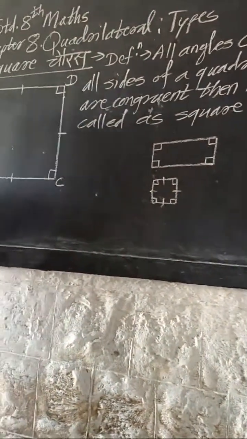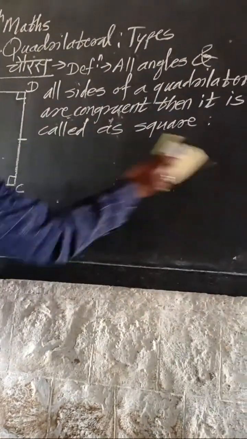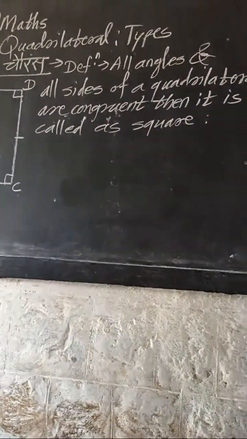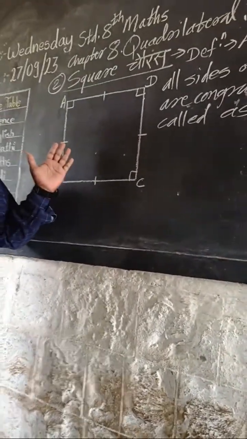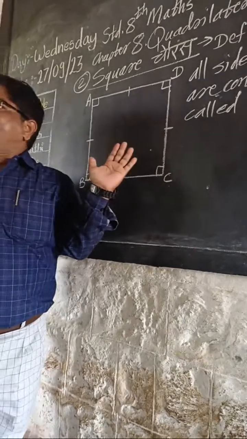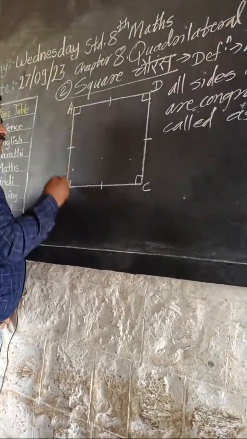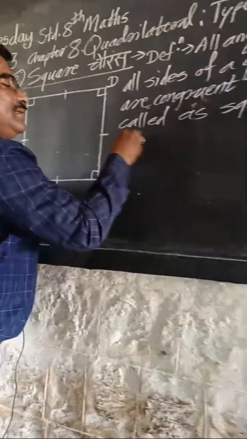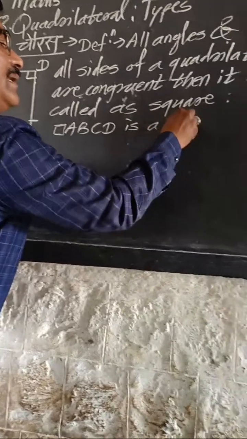That is the definition of a square. Here, the name of the quadrilateral is, who can tell the name? Quadrilateral ABCD is a square.